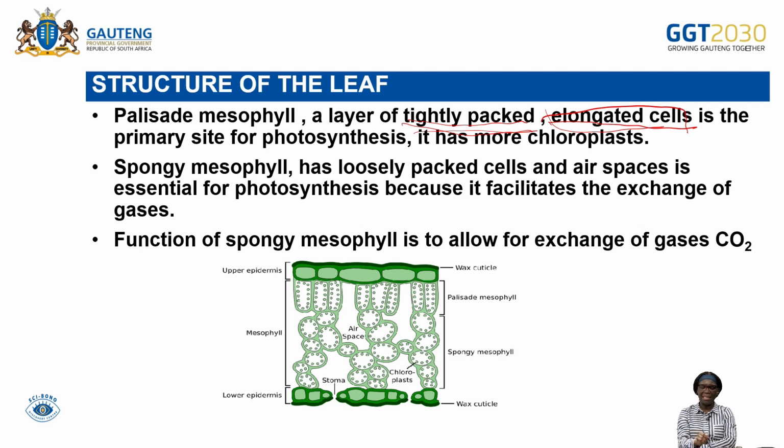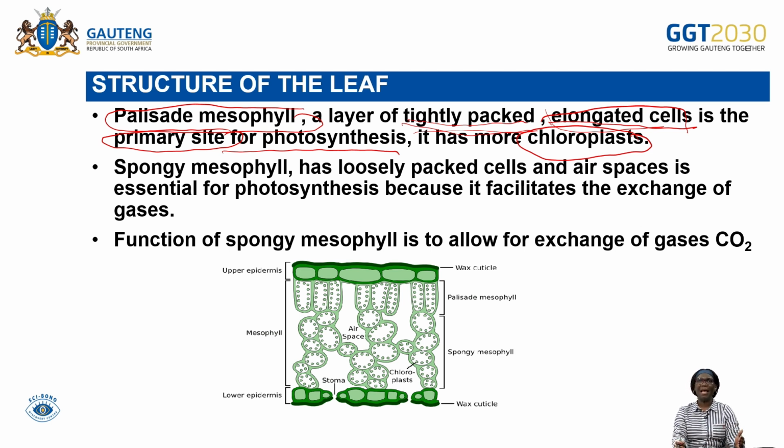This is the part of the leaf where we find more chloroplasts, and it is also said to be the primary site for photosynthesis.